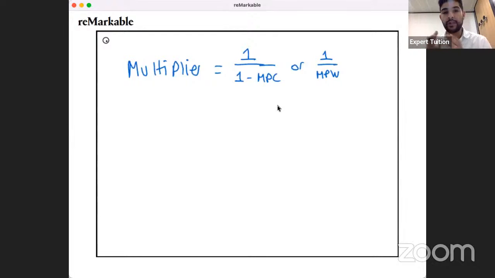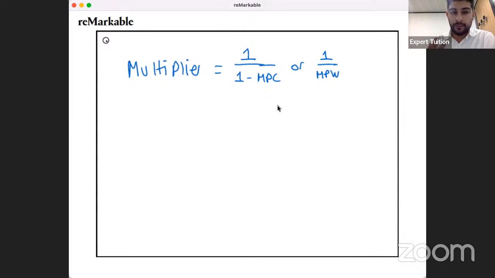Marginal propensity is a really fancy way of saying, for each additional unit of income that you earn, how much of it do you spend in the economy? So if I gave you £1 extra, how much of that pound you spend is your marginal propensity to consume.